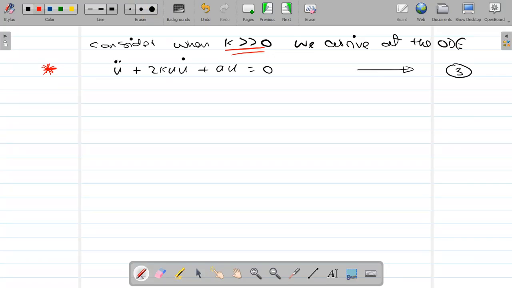So let's make a start. Okay. So what I'm going to do is solve this equation, put u dash equal to p.